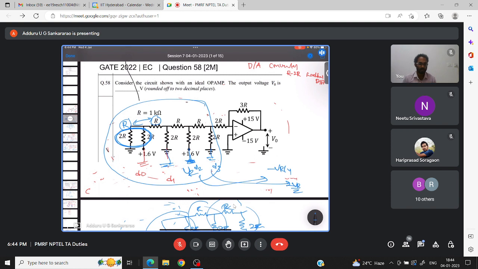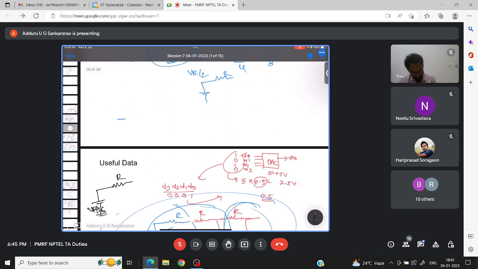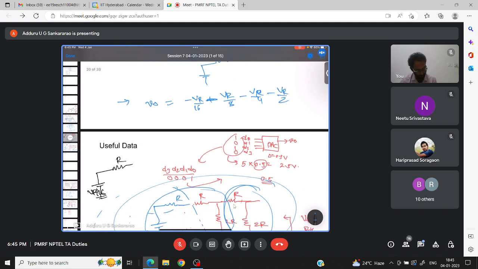Now, one bit at a time we are taking. Now by superposition theorem, you combine all these. So the output is minus VR by 16 minus VR by 8 minus VR by 4 minus VR by 2. All you combine, 4 bits are there.